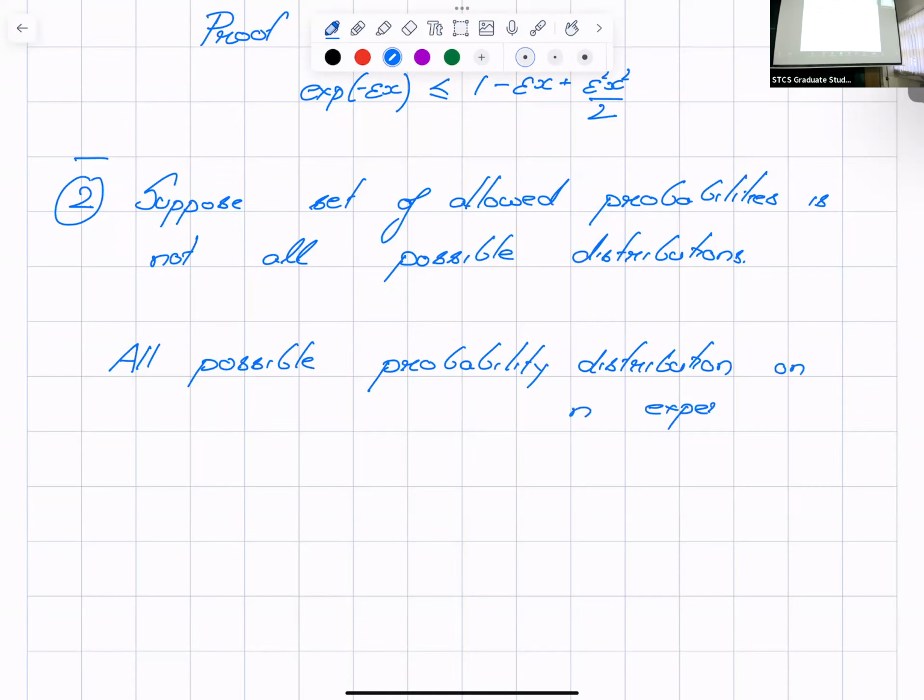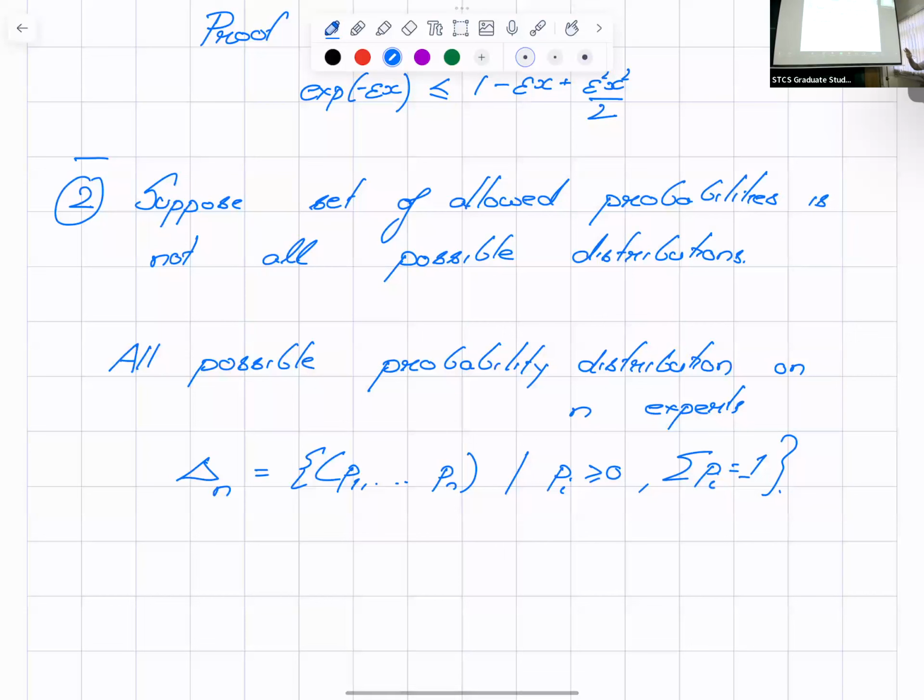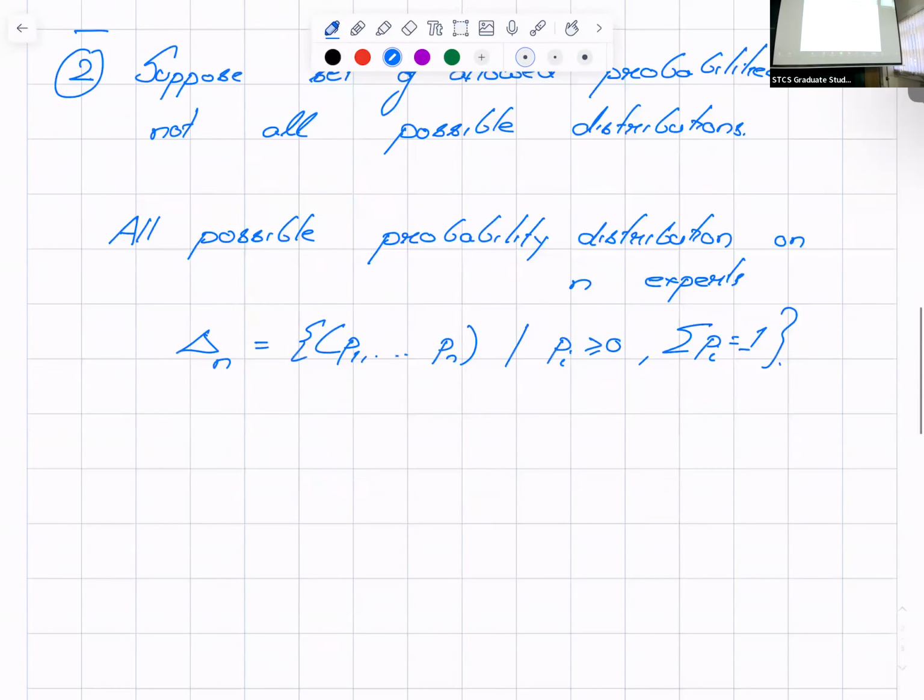What do I mean by that? This is the set delta n, which is the set of all p1, p2, ..., pn such that the pi's are all greater than or equal to 0, and the summation of pi is equal to 1. So far, each time the algorithm is acting according to something in this set. This is the simplex.